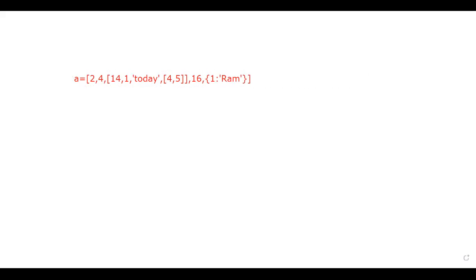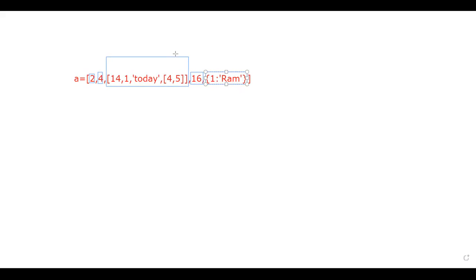Now, let's look at the list elements. This is my element 1, element 2, this is my element 3, this is my element 4, and this is my element 6.